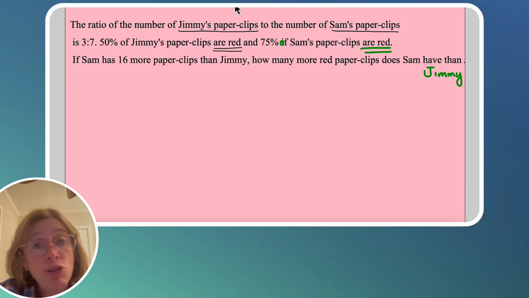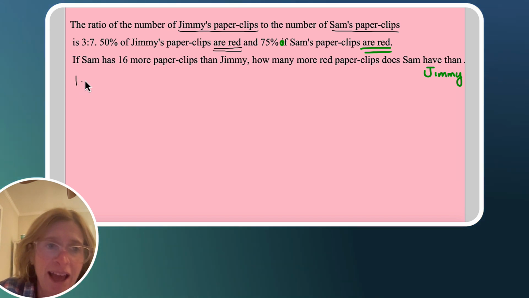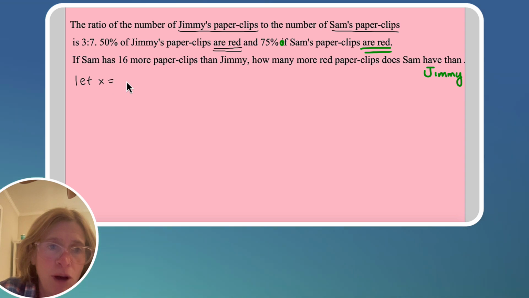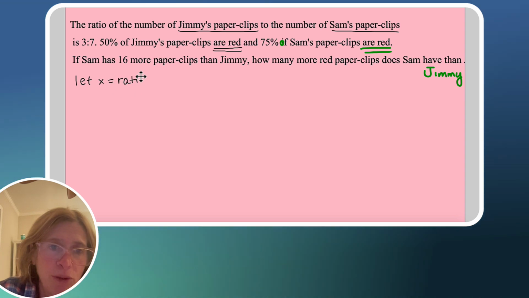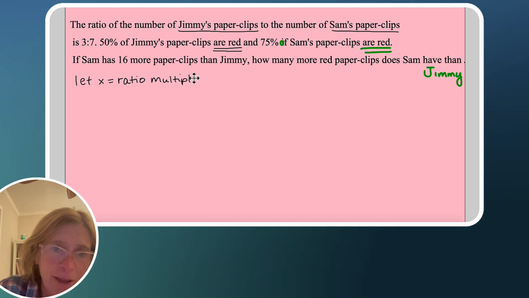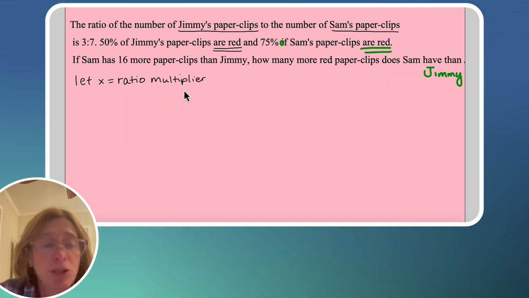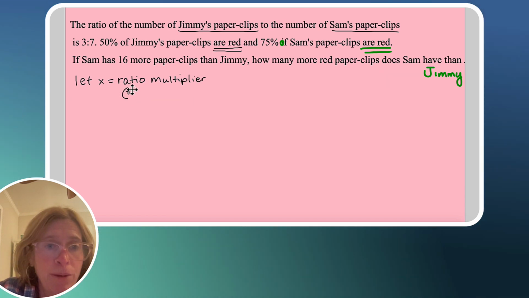So I have to introduce a variable. And this is what I do, and not every teacher does this. I always, in these problems, let x equal what I call the ratio multiplier. It's based on the number of paper clips.